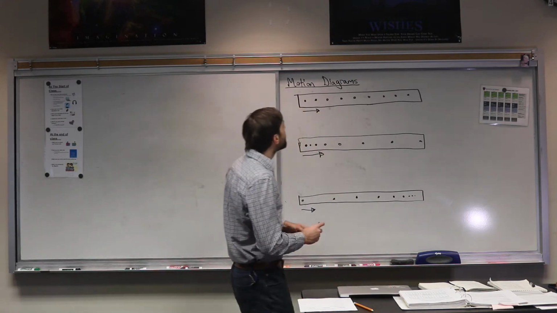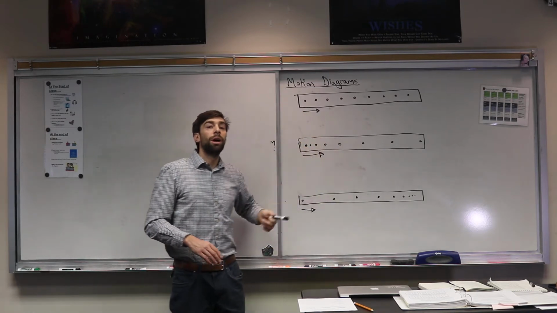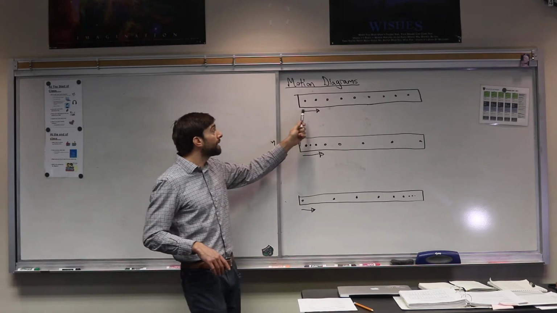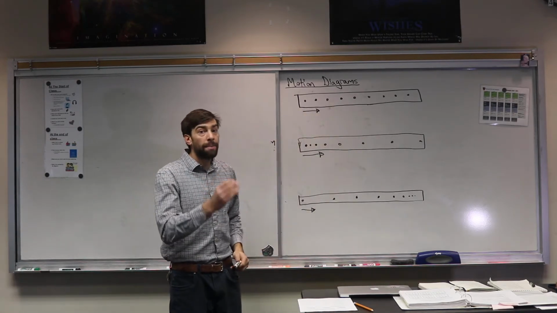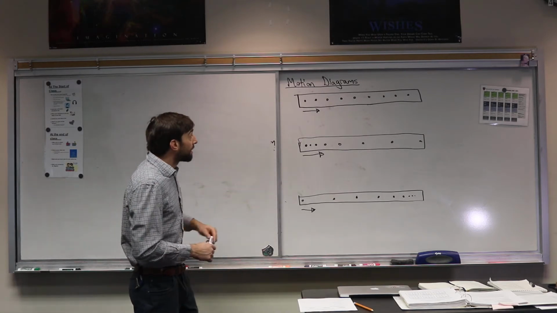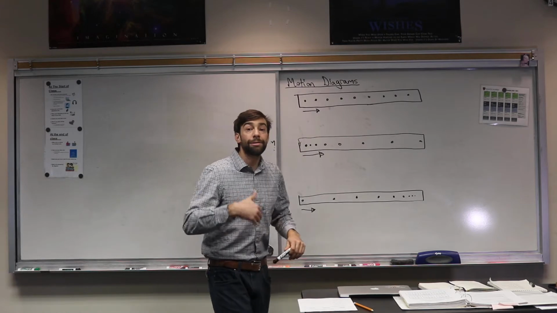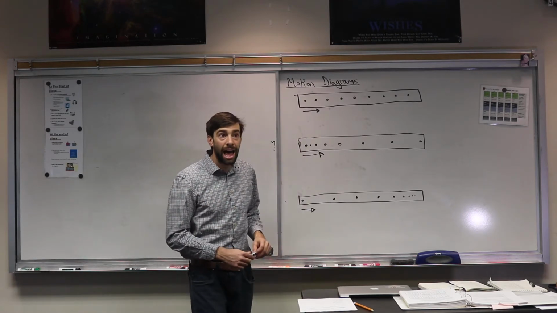So each of these dots is 1 second at a time. And what do we notice about the space between each of these dots? That space is equal. We're traveling an equal distance each second in time.